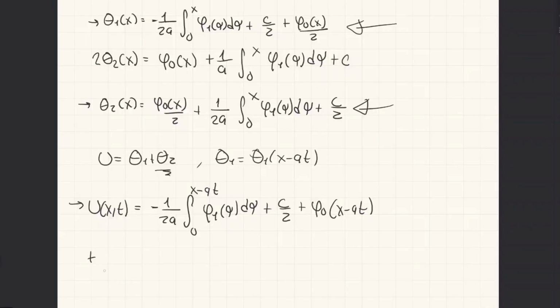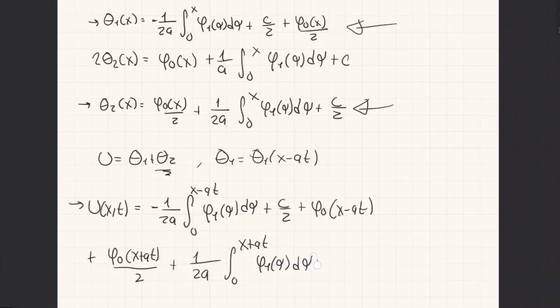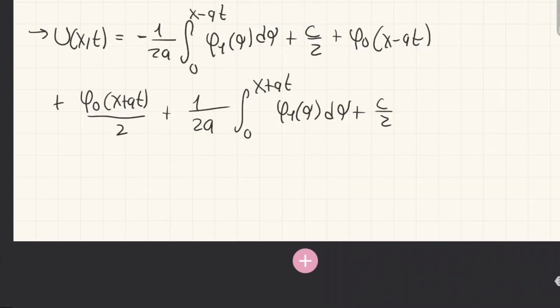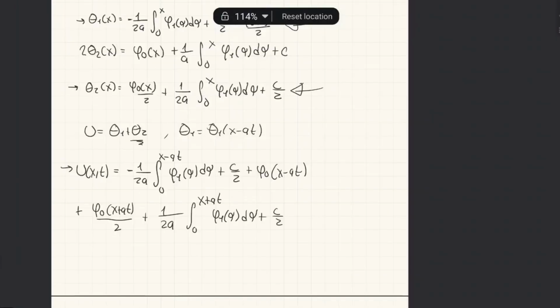So that is phi 0 of x plus at divided by 2 plus 1 divided by 2a, the integral from 0 to x plus at, phi 1 of alpha d alpha plus c divided by 2. Okay, and just to reorder, I think that I forgot to divide by 2 this function phi 0, right?